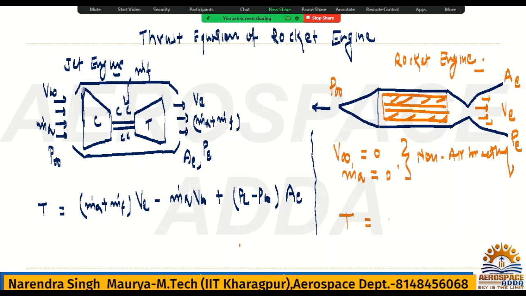Instead of m dot a plus m dot f, we have to write this combined one, which we call m dot p, the mass flow rate of the propellant, into exit velocity, plus (PE minus P infinity) into A.